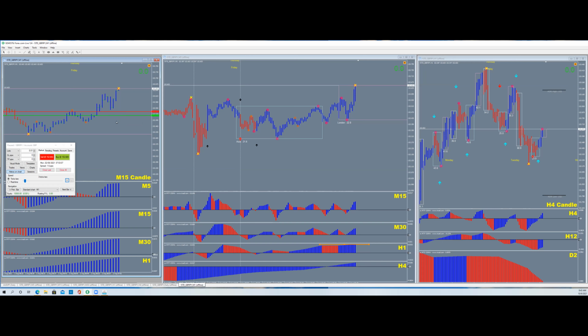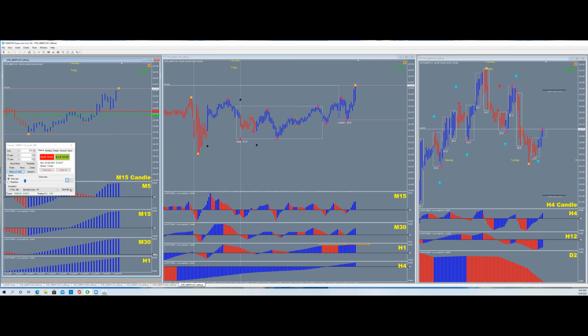So this is where your entry is, this is the last 1 minute swing. You are almost at break even, protecting at least 2 pips to cover your spread, depending on the spread of your platform.